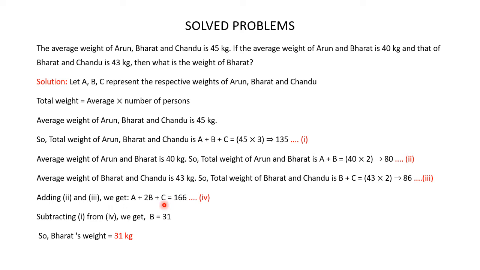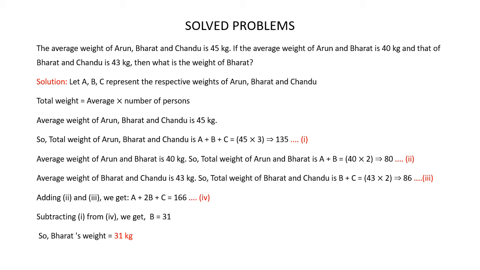Equation 4 is A plus 2B plus C is equal to 166. Now, we are asked to find the weight of Bharat. So, we have to eliminate the weight of Arun and weight of Chandu to get the weight of Bharat. So, we will subtract equation 1 from equation 4.